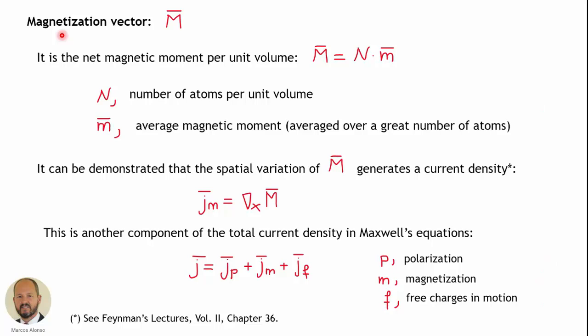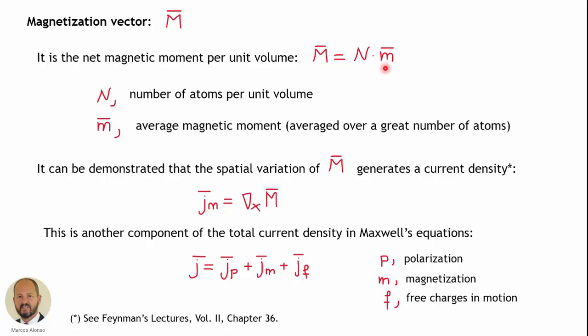So now we are ready to define the magnetization vector M, which is the net magnetic moment per unit volume. So it's equal to the number n, which is the number of atoms per unit volume, times the average magnetic moment that we have inside the material.